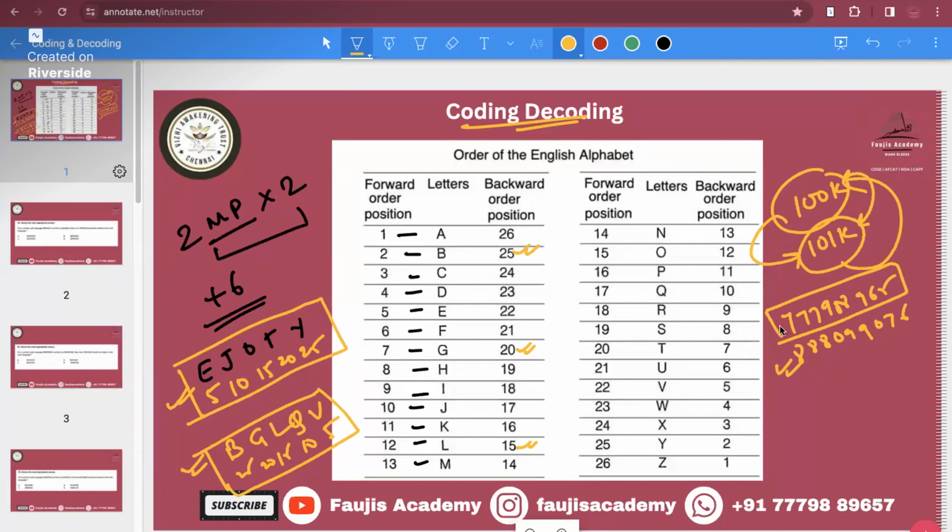I am essentially saying this. The key is plus one. Using this key, you can decode this message.